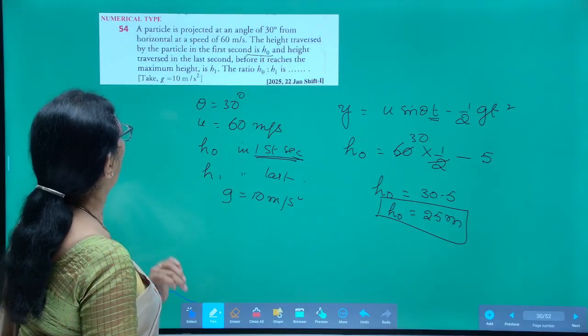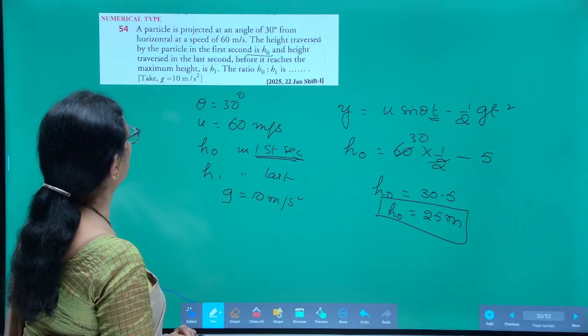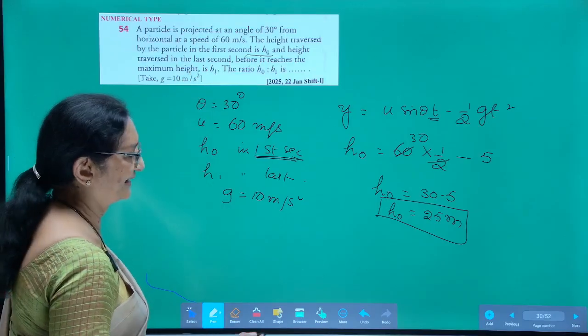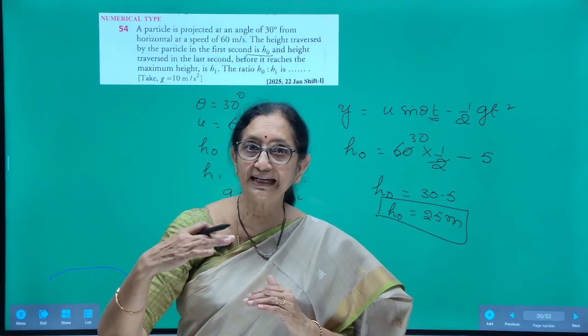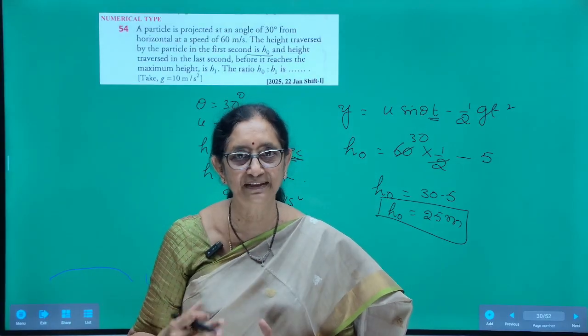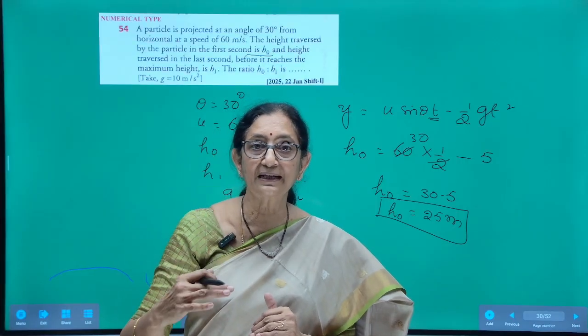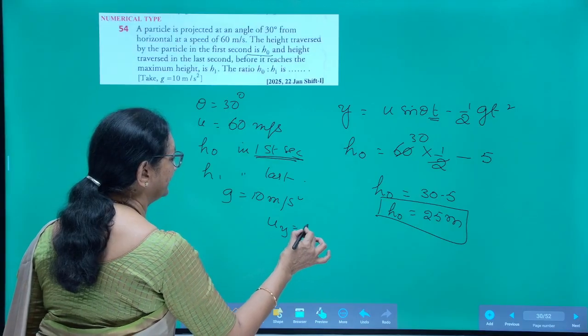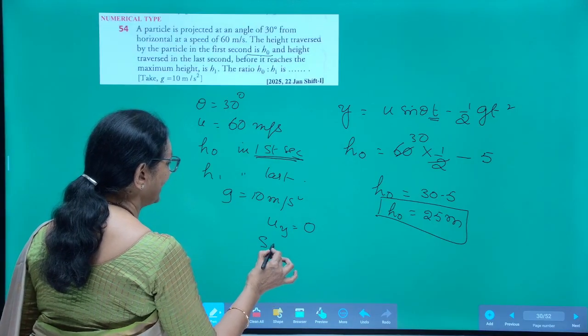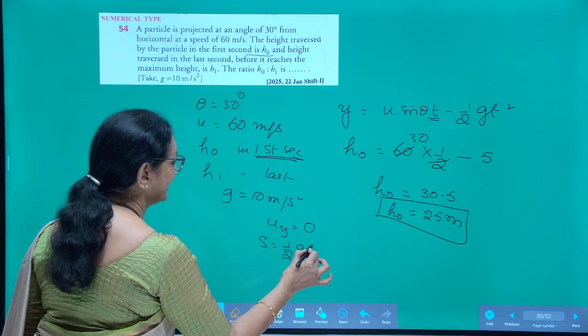h1 is vertical displacement in the last second. It is very simple. Last second of ascent is first second of descent. During the vertical motion, as initial velocity along the vertical is 0, displacement is half g t square.